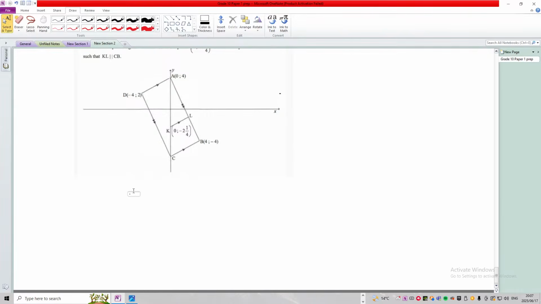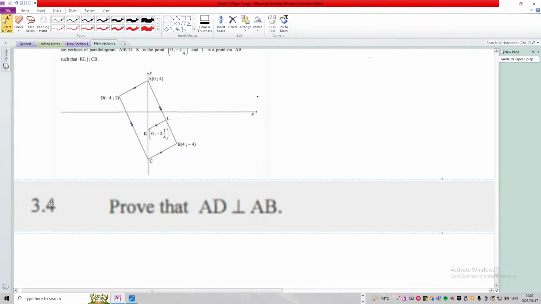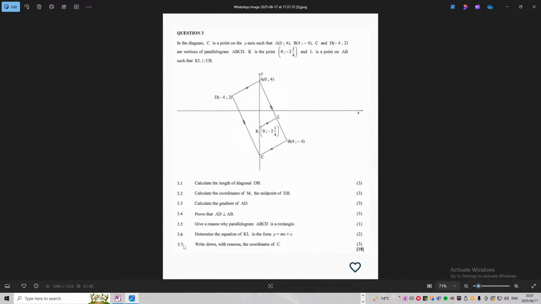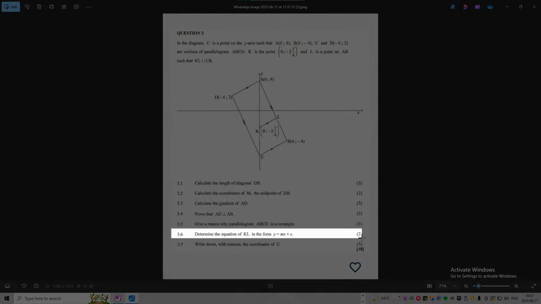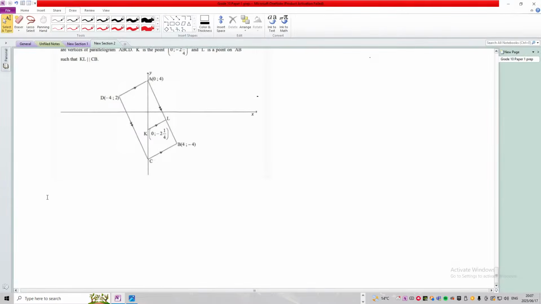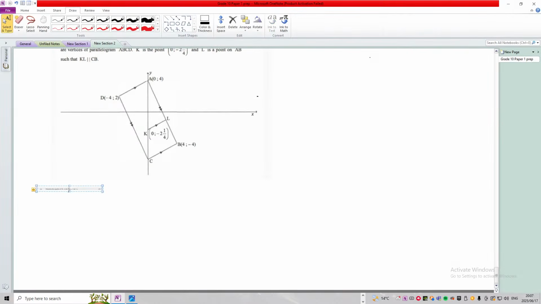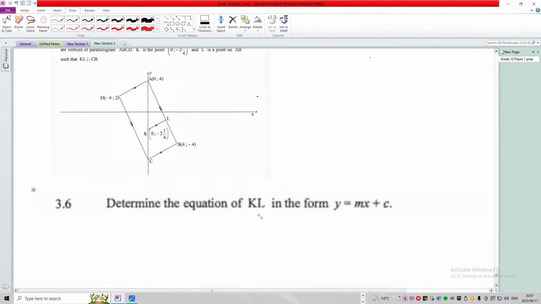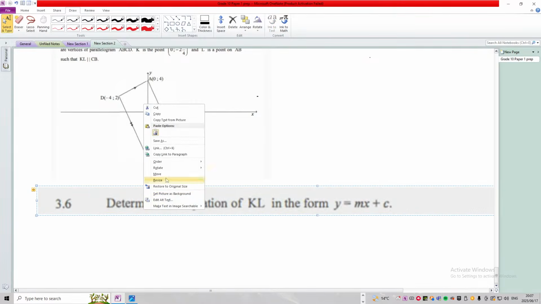Okay. Let's take that away. Come on, man. Why are you doing old things now? Okay, determine the equation of KL in the form y equals mx plus c. Now, sir, skip. Skip. Oh, okay, same.